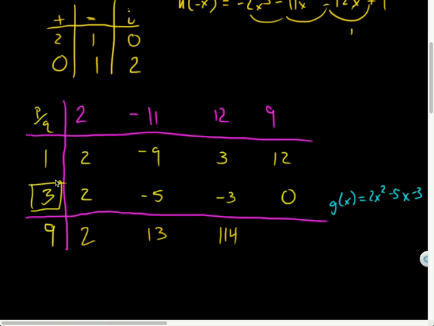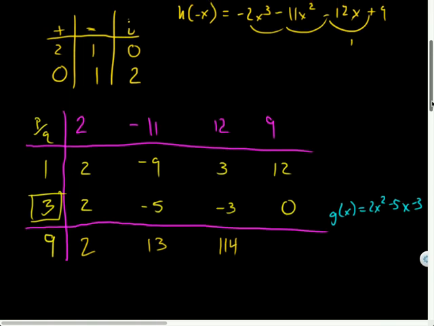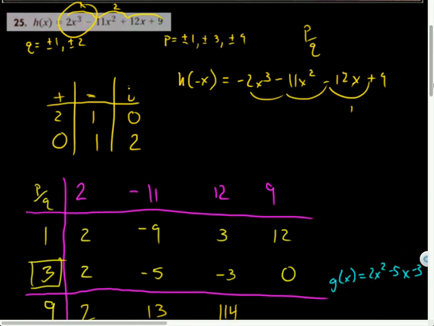Because I could end up trying all of those factors. I could try 1 half, 3 halves, 9 halves, and then not end up finding it, but still know that there's another positive answer. And that's why, I guess, typically once you get it down to a quadratic, it makes the most sense to just set this equal to 0 and solve. So you're anticipating that 3 might show up twice, is what you're saying? Yeah.